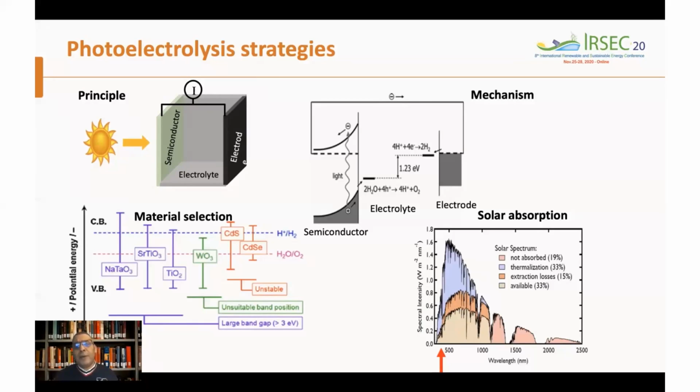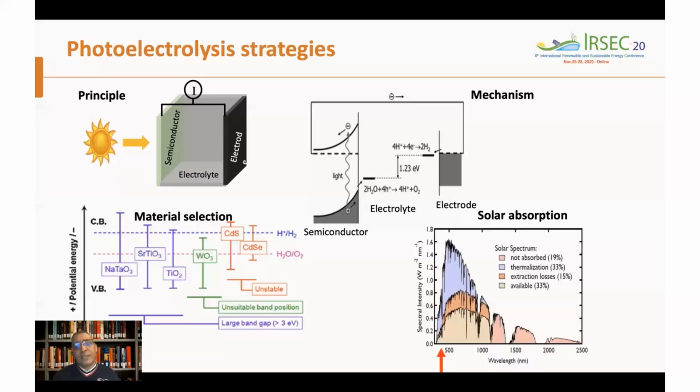So this is possible only if we can provide energy above 1.233 eV. And not many semiconducting materials have these properties, for example, CdS and CdSe. They have this property, but they are unstable and also prone to corrosion.